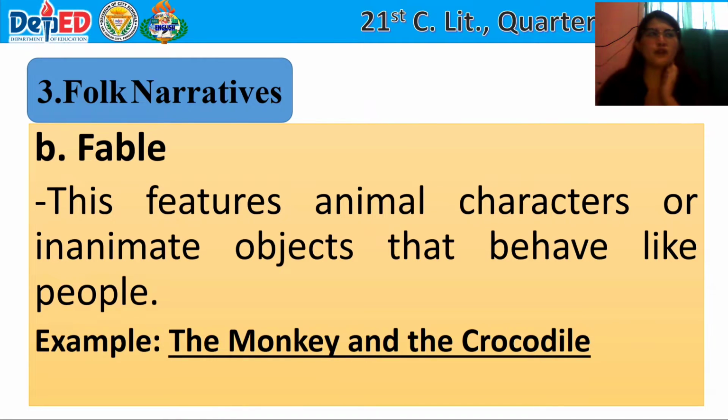They cannot feel anger or sadness. They cannot be surprised. They cannot do actions just like human beings. But what makes fable a very unique type of literature is that they let these animals or different inanimate objects be personified with the abilities of human beings.